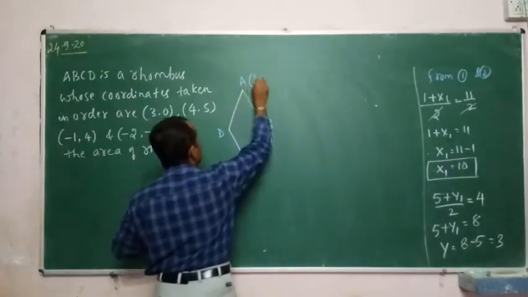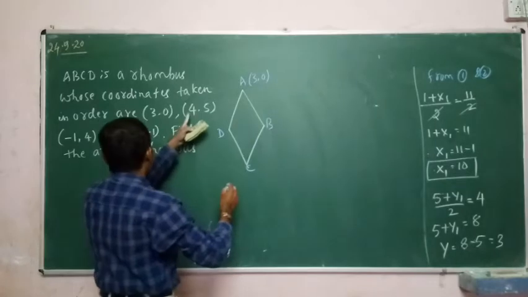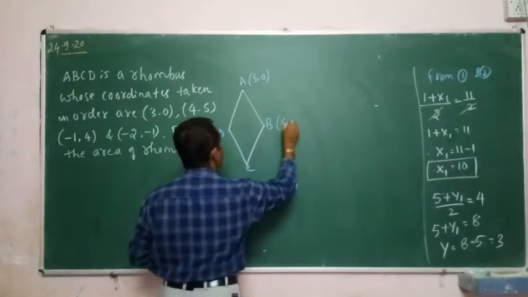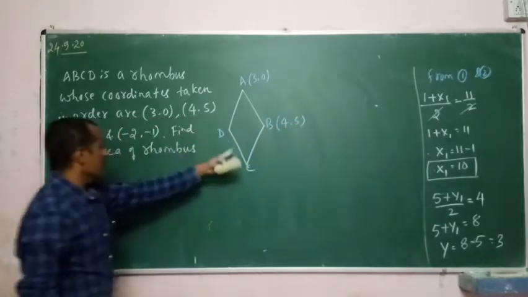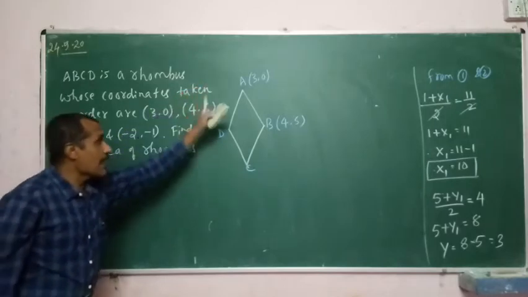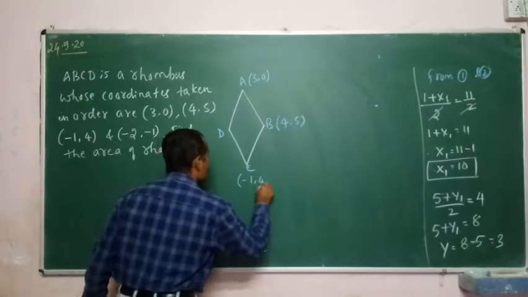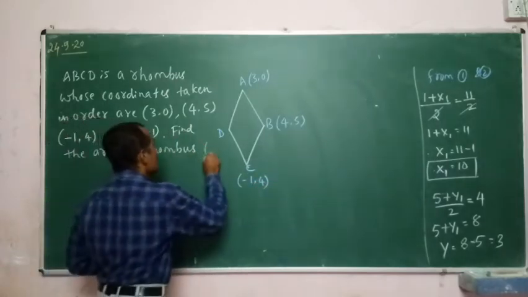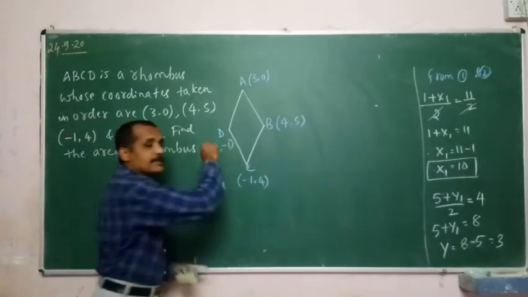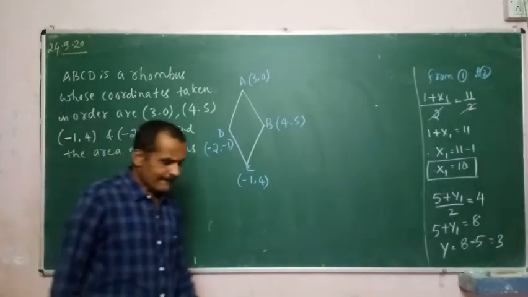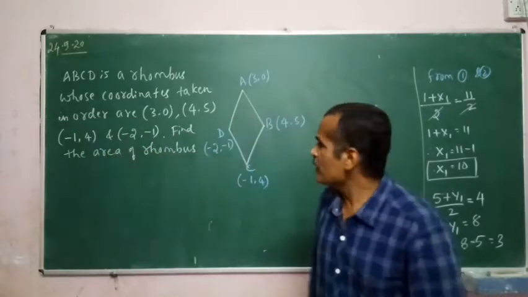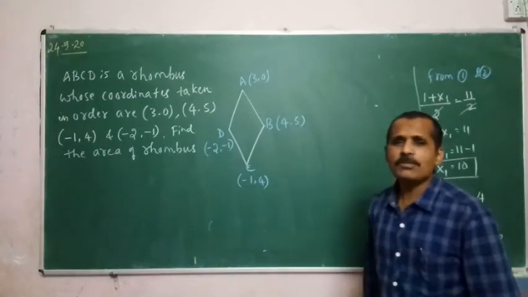A as (3, 0), this is (4, 5), taken in order, either clockwise or anti-clockwise direction. C (-1, 4), and D (-2, -1). What do they ask you? Find the area of the rhombus.